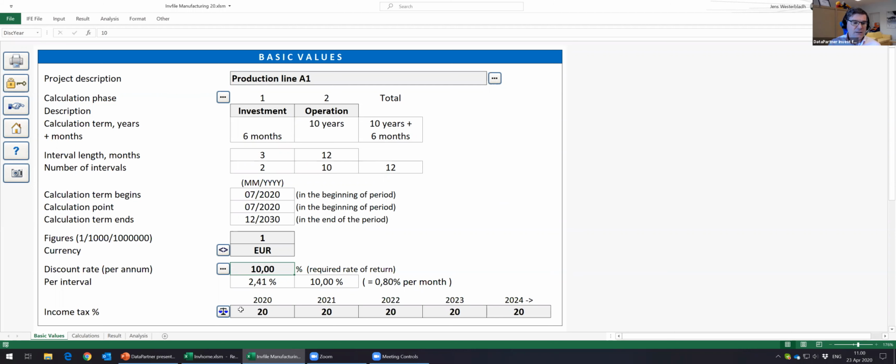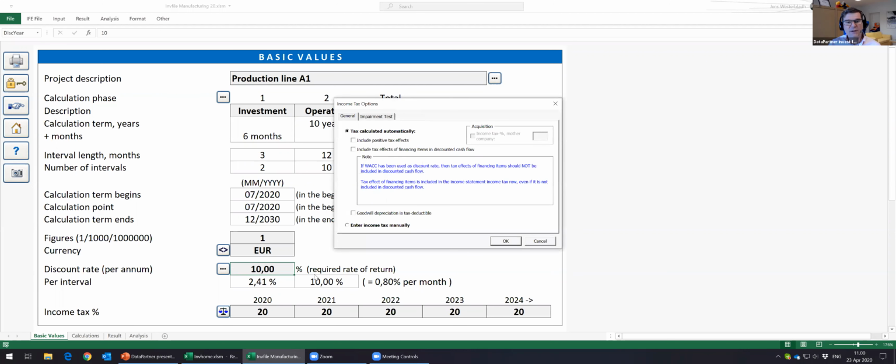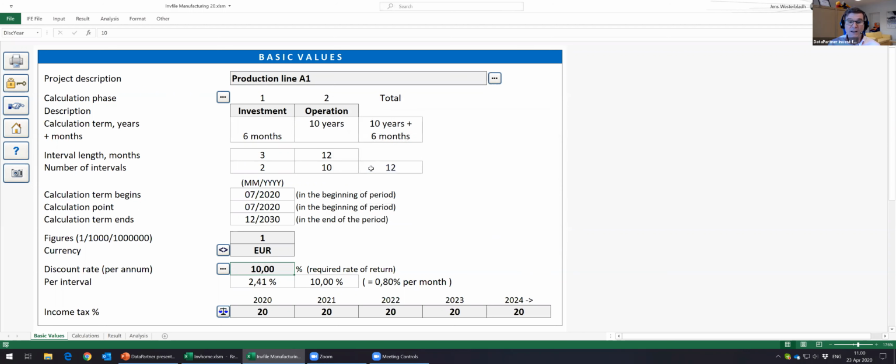Okay. Regarding taxation, you have automatic tax calculation, but you can also choose to make your own tax calculation if needed. Then the formula is removed and protections removed, and you can make your own Excel tax calculation. This is sometimes needed. And there are some other options also, but I'm not looking at all options now, so we will continue.